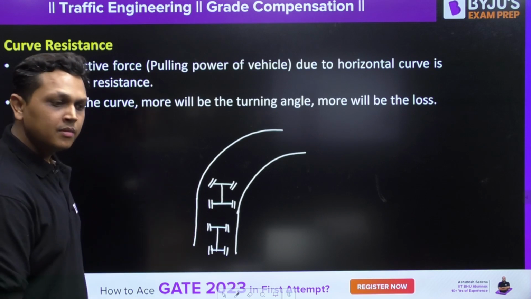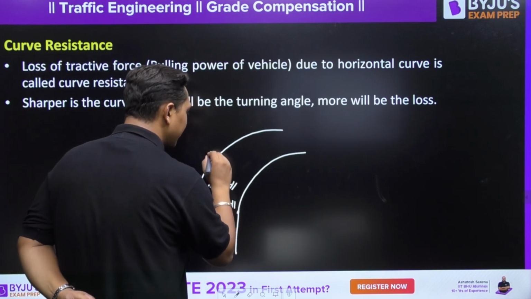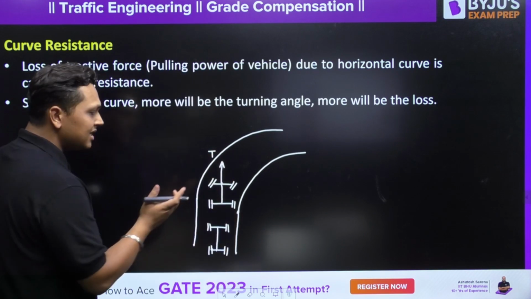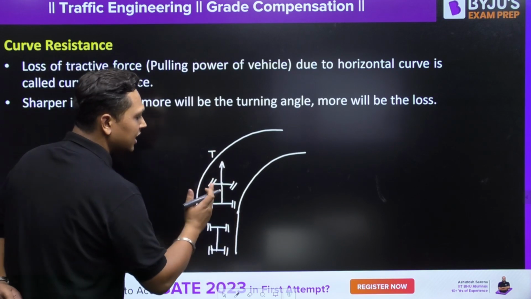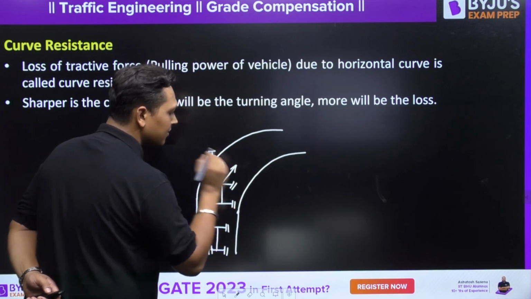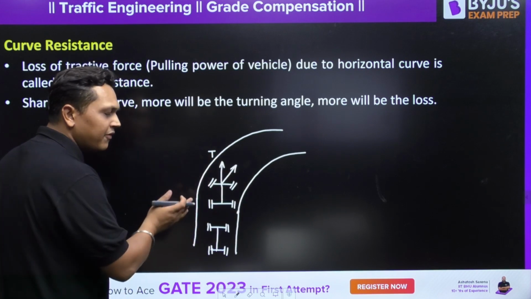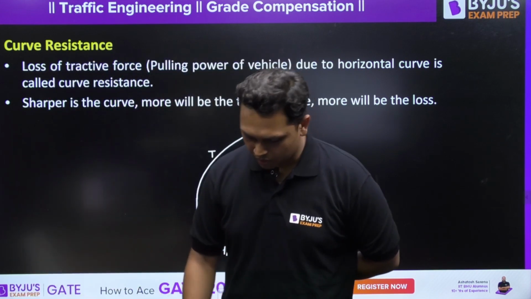In the forward direction, the rear axle will provide the tractive force. But since you want to turn towards the curve, your movement will be in this direction. So only a certain component of this T force will be effective in moving your vehicle, yes or no?